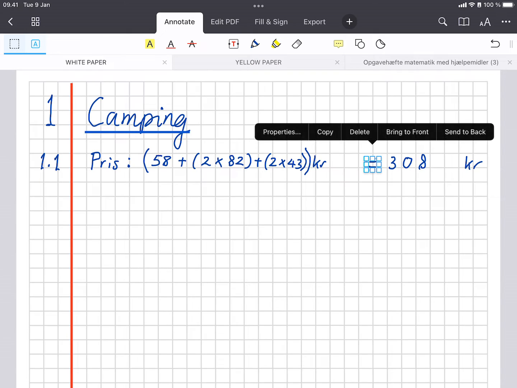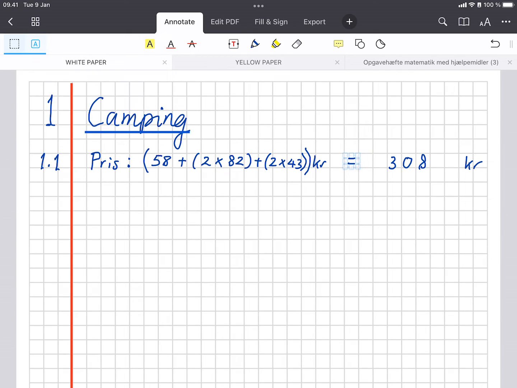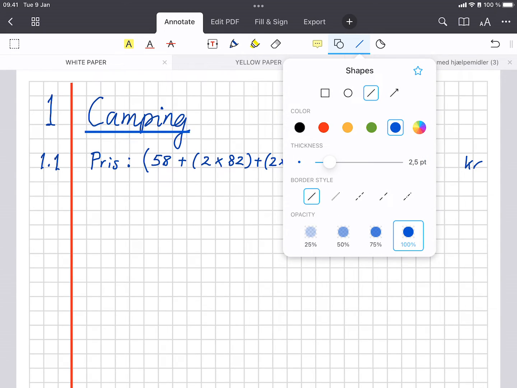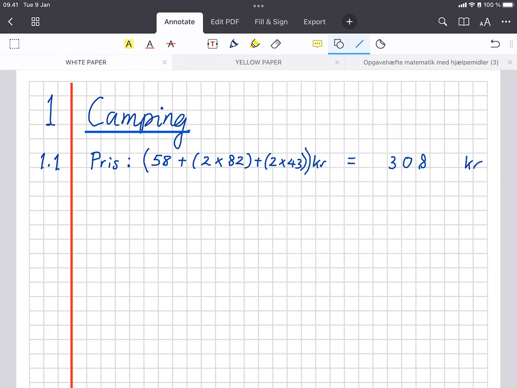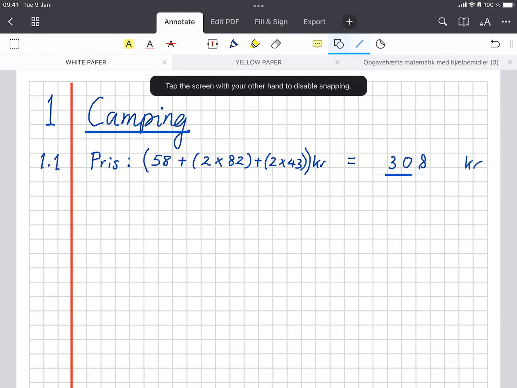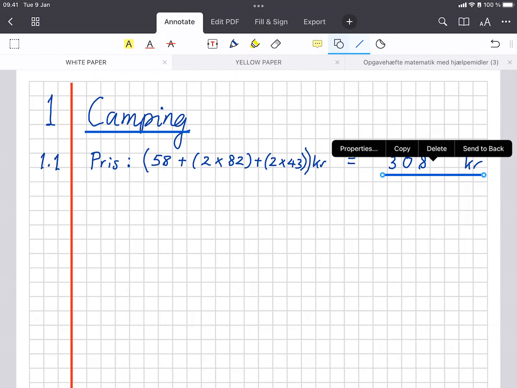I'll move that equals sign over just to give me some space for any bigger answers. And then I want to neatly underline my answer as well. So that like that, and neatly underlined answer.